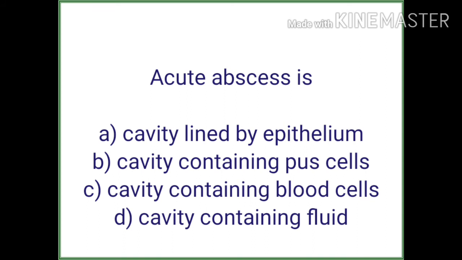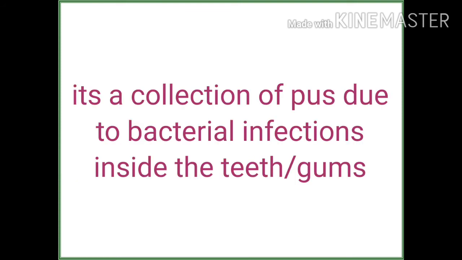Acute abscess is which of the following? Cavity lined by epithelium, cavity containing pus cells, cavity containing blood cells, or cavity containing fluid? The answer is cavity containing pus cells. Acute abscess is a collection of pus due to bacterial infections inside the teeth or gums.